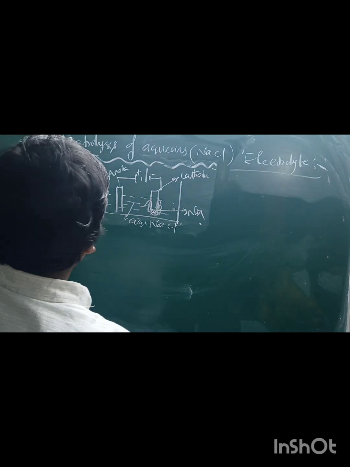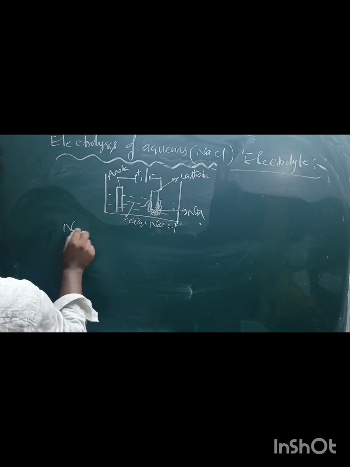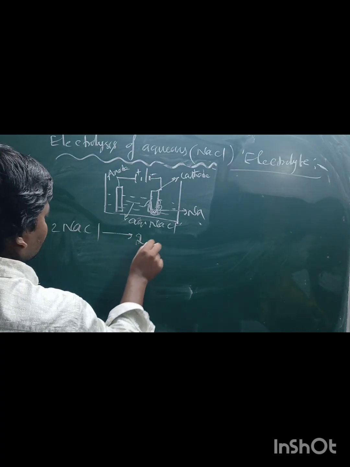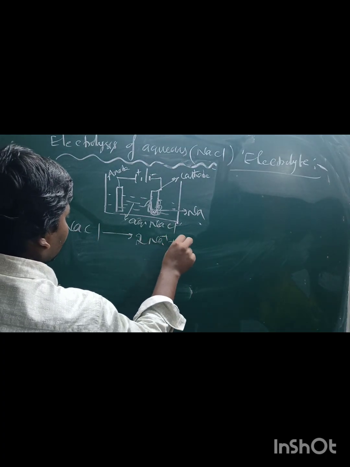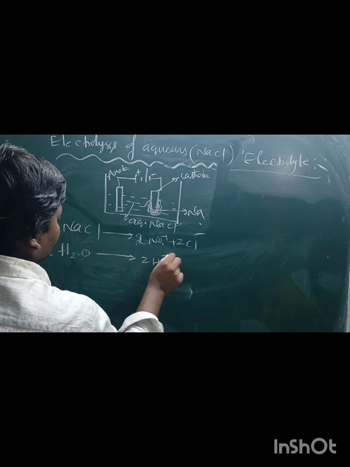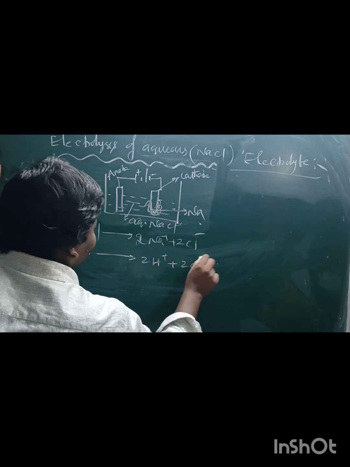You can observe here dissociation. That means there are two substances here: NaCl dissociates into 2 Na plus and 2 Cl minus. Water molecule dissociates into 2 H plus and 2 OH minus ions. You can observe here there are two cations and two anions.